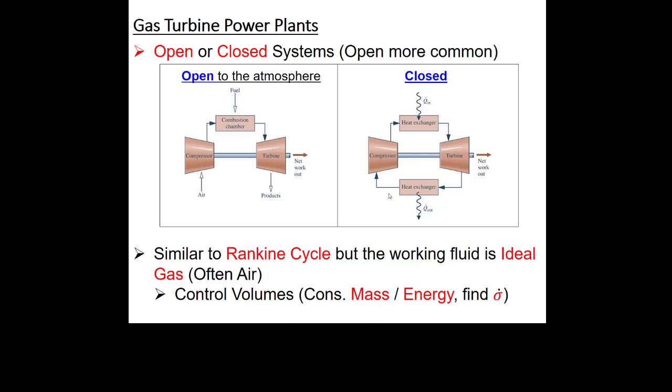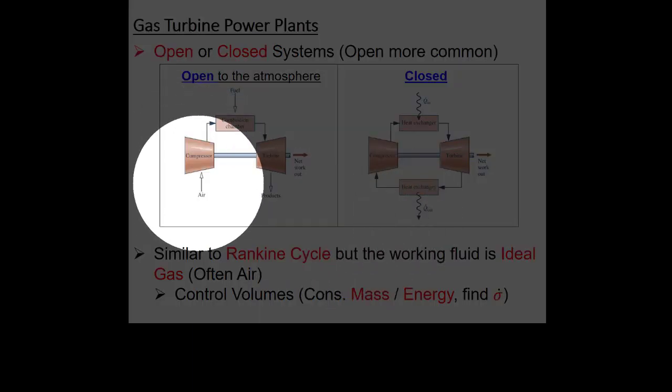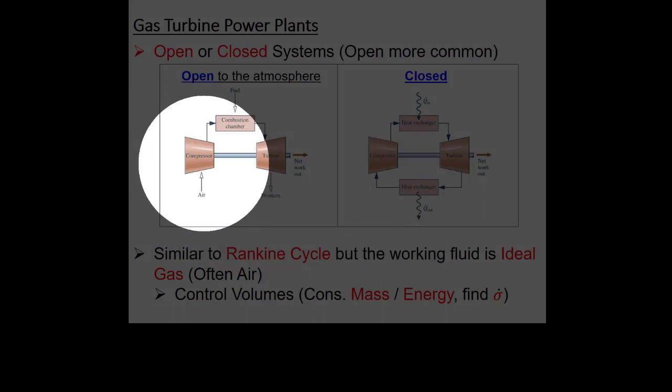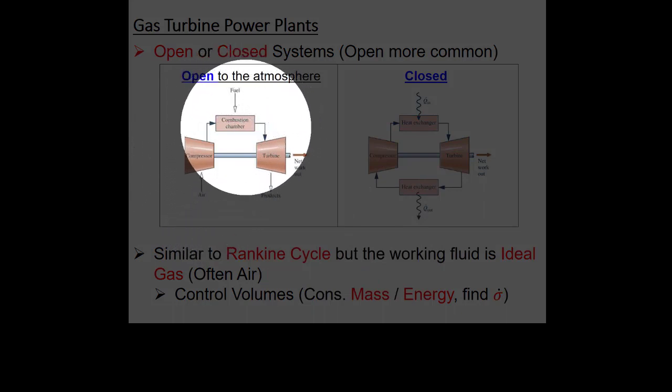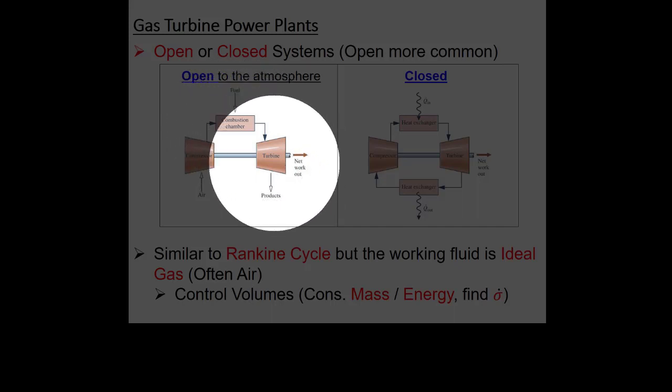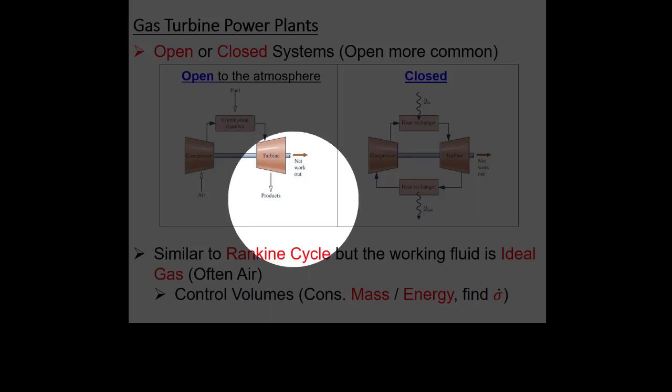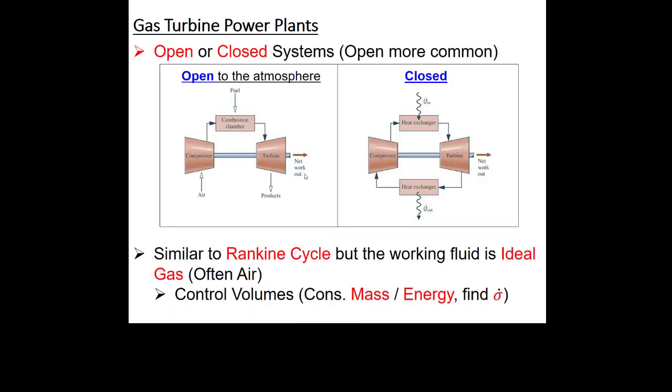But you might notice that this is like an assembly line type process. We're taking air in, going through a compressor, that's like a pump, going through a combustion chamber, that's like a steam generator in a Rankine cycle, going through a turbine, which is like a turbine, although now we'd call it a gas turbine, whereas in a Rankine cycle we'd call it a steam turbine, and then there's some exhaust air.